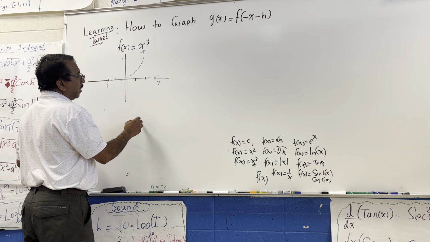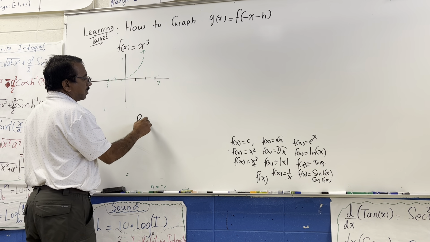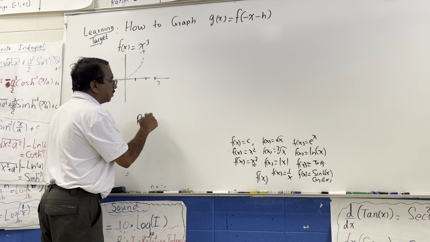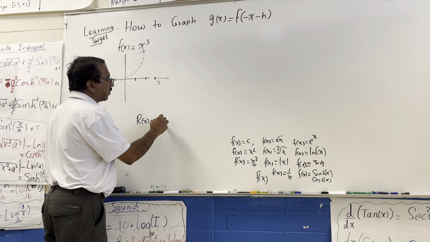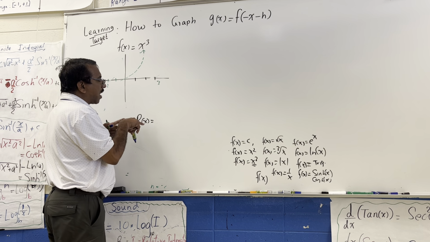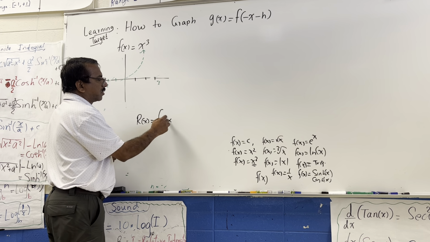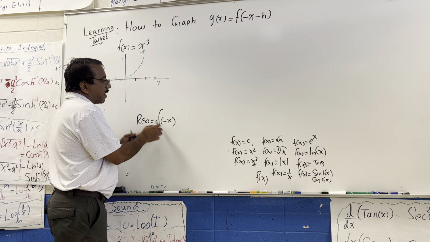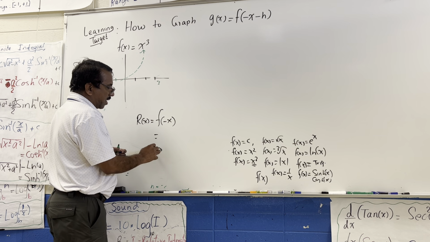if the graph R(x) is x cube, and I want to graph R(x) as f of minus x. So what does this mean? It means x is replaced by minus x.